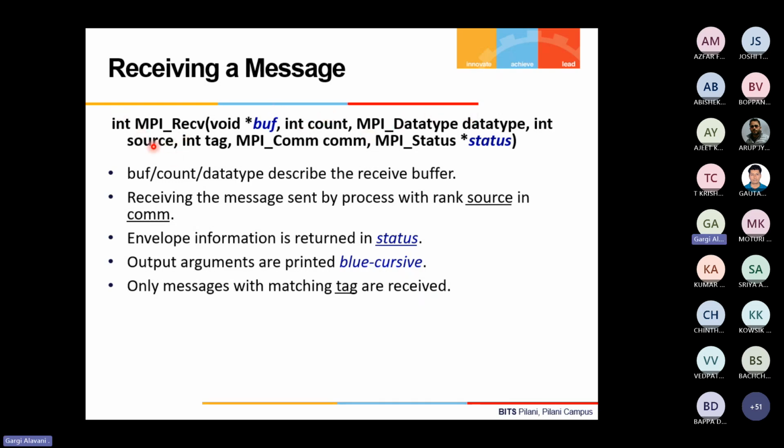The source will have the rank of the sending process. Then the tag and the communicator. Also, with receive you get a status. Status will tell you if the message is received or not, or if there is an error. So the status function is meant for that.